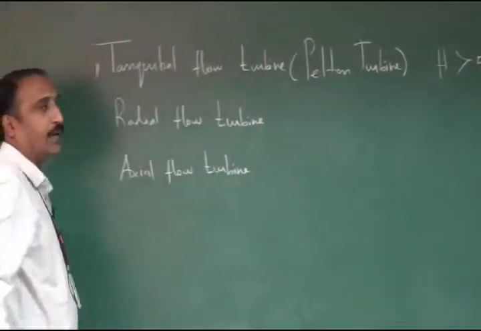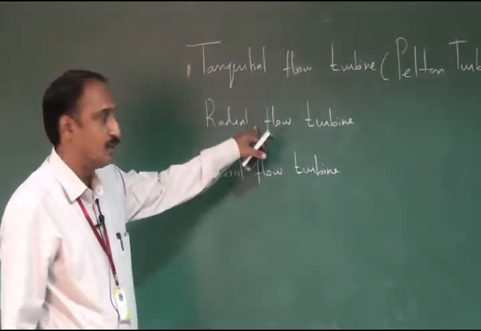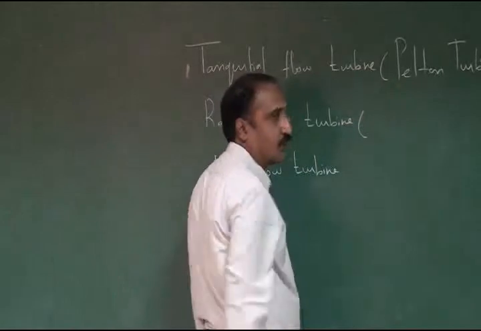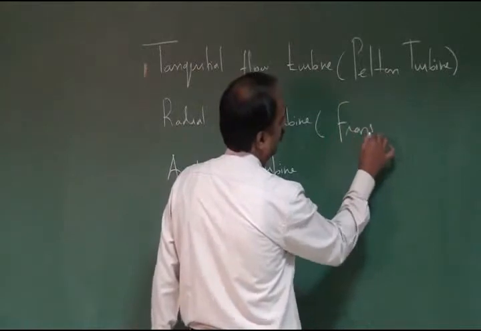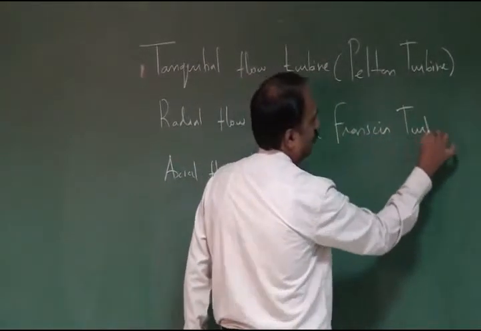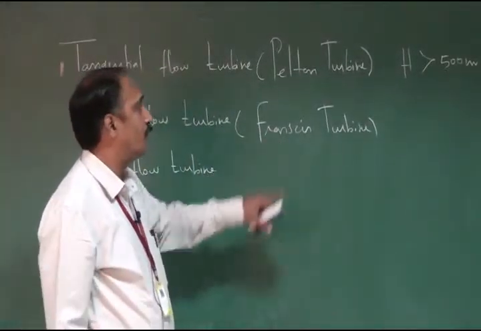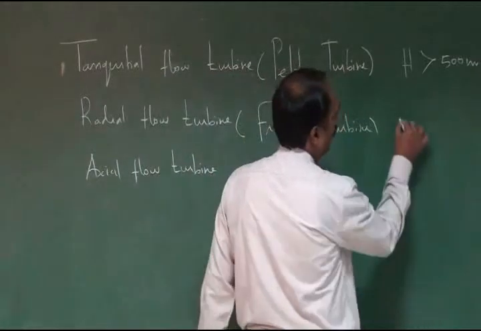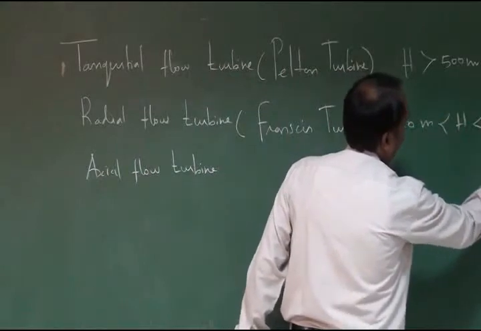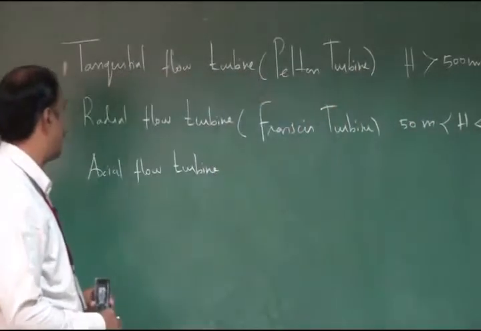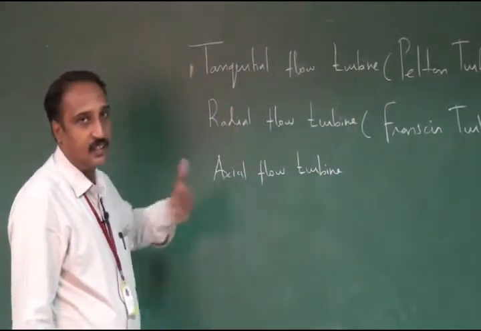Similarly, in the radial flow turbine, the flow is in radial direction, so the turbine blades are designed accordingly. This turbine is called a Francis turbine. It is suitable for an available pressure head between 50 meters and 500 meters. The last category, the axial flow turbine: the flow is in axial direction, so the turbine blades are designed accordingly.